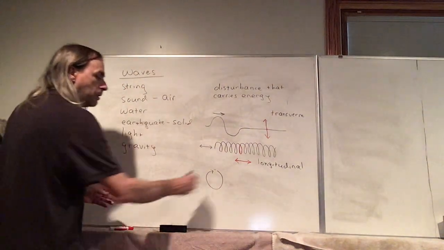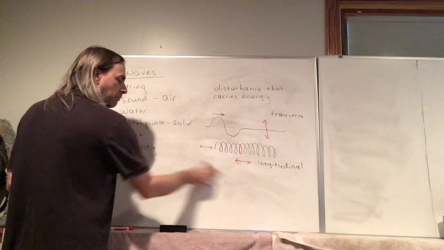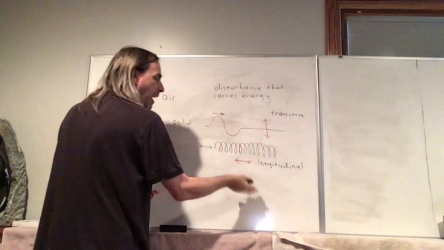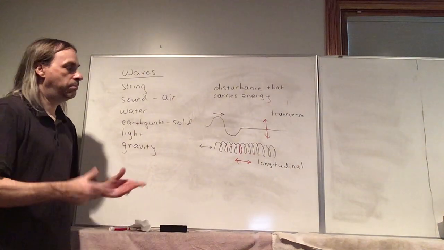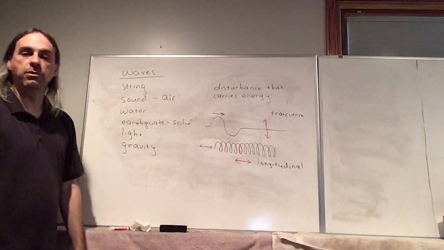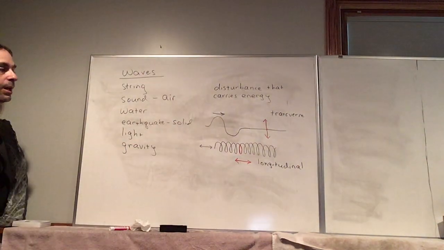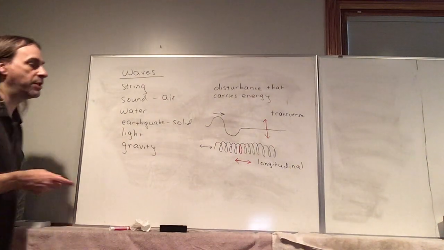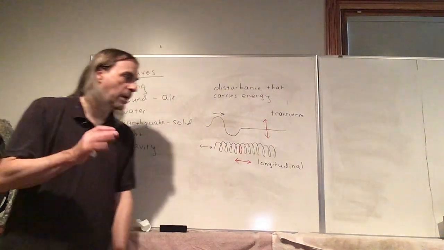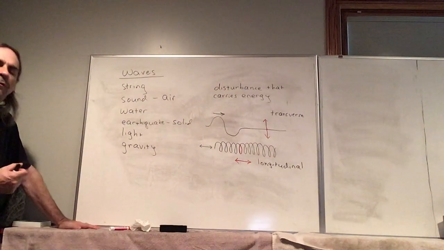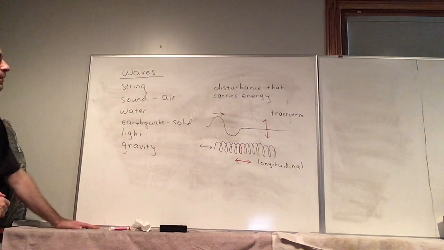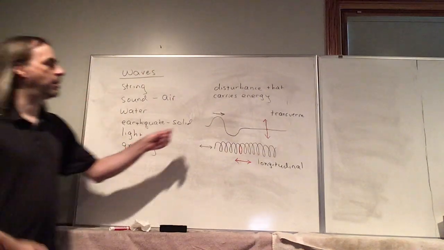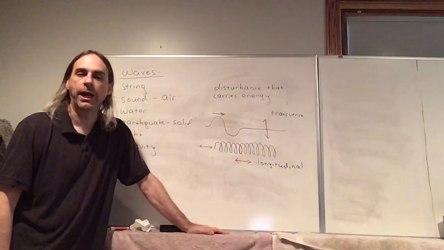But in many cases, real waves actually do have one of these two to a very good approximation. And one reason why it's important to distinguish these, there's a couple reasons, but one is different mediums can support different types of waves. Like a wave on a string can only support transverse waves.